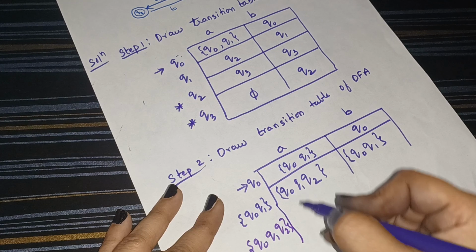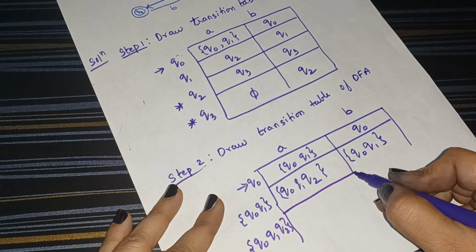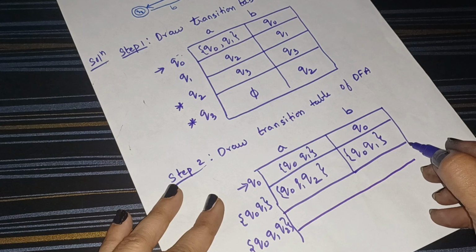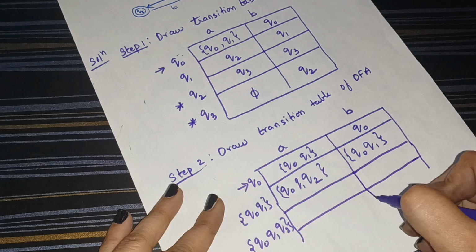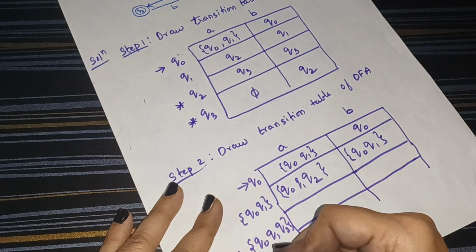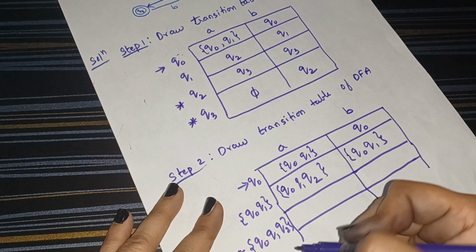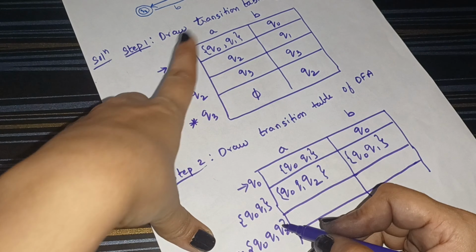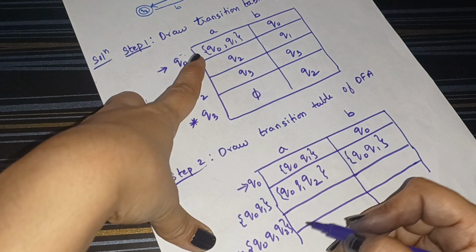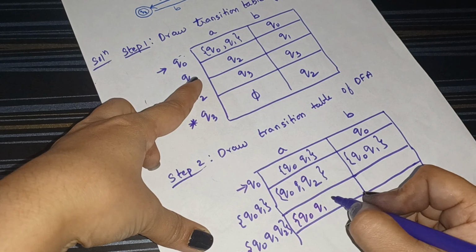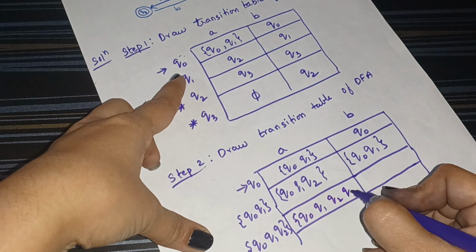Okay. So here Q0, Q1, Q2, and we know that Q2 is a final state, so we represent it as a final state. Q0 on A, Q1 on A, Q2 on A, we will get Q0, Q1, Q2, Q3.